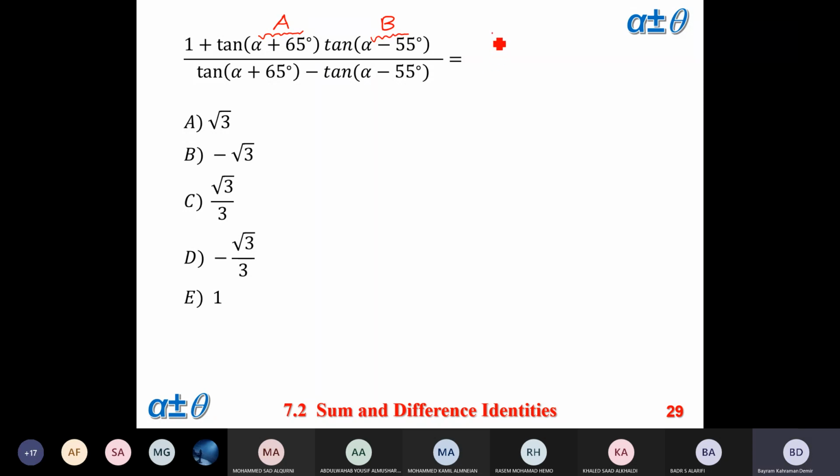How does it look like? 1 plus tangent A, tangent B, divided by tangent A minus tangent B.